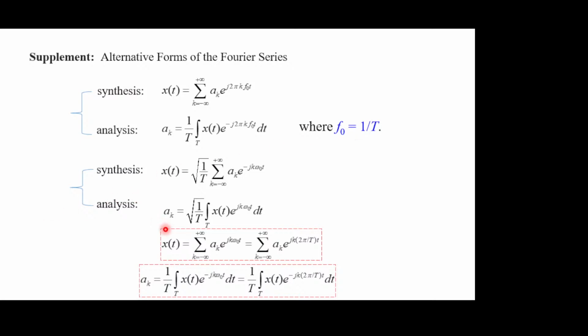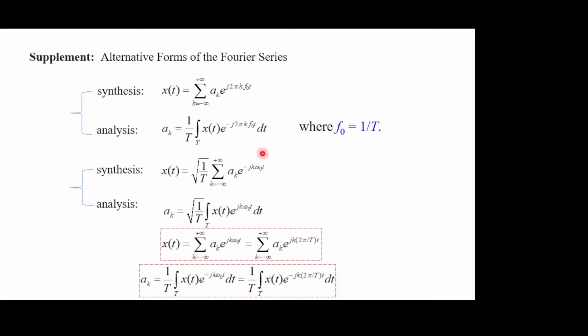And also sometimes people will write this back and forth transformation in this 1/√T form, because you see these two equations have some symmetry between them. This one has 1/T, this one doesn't have 1/T.